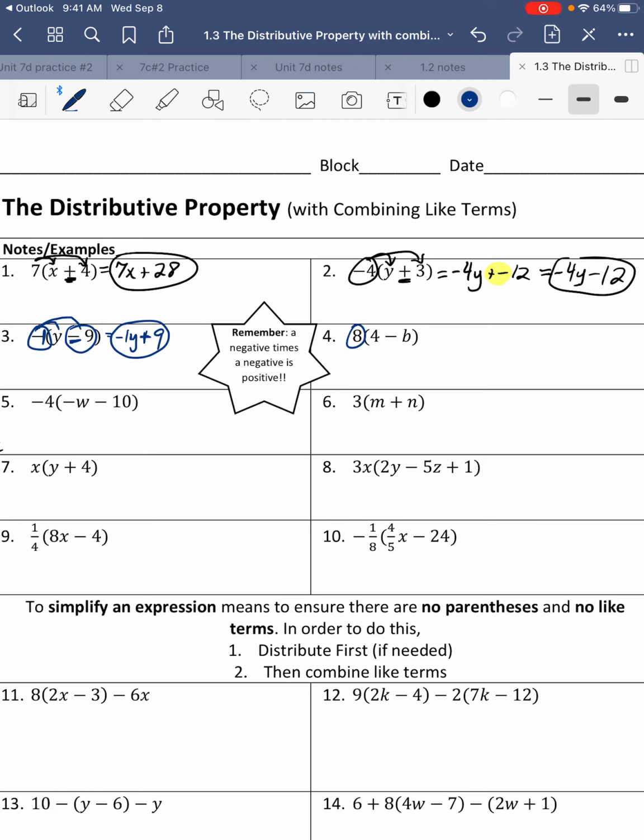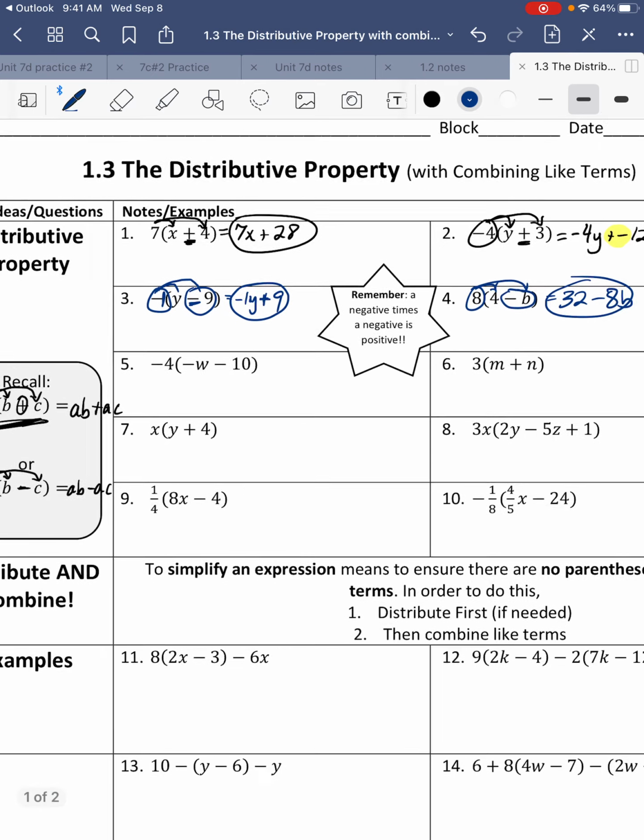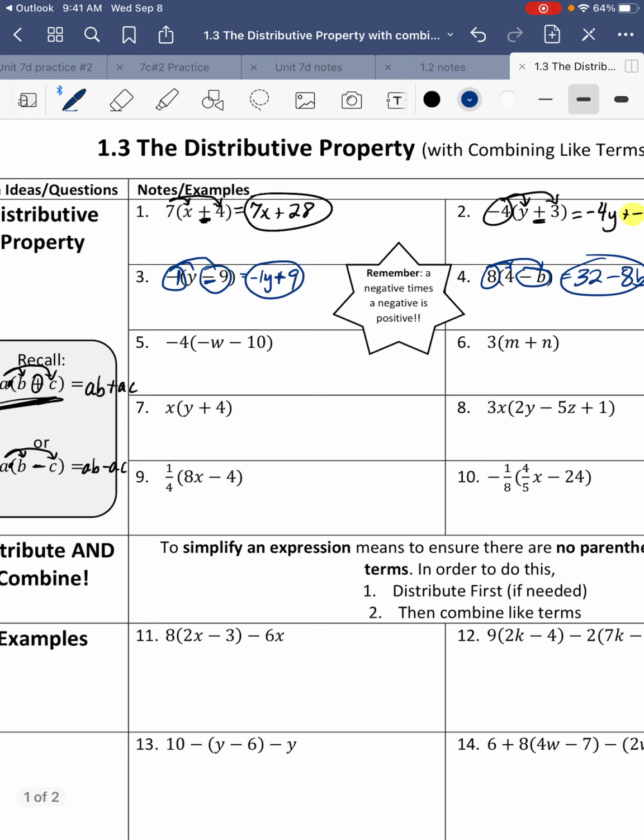Number 4, we have 8 times 4 is 32. And then 8 times a negative b is a negative 8b, or subtracting 8b. Number 5, we have negative 4 times a negative w, or negative 4 times negative 1 is a positive 4w.